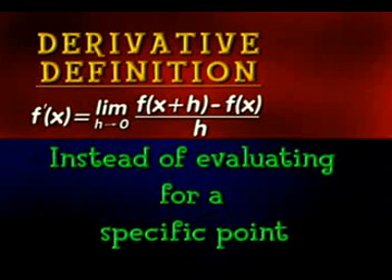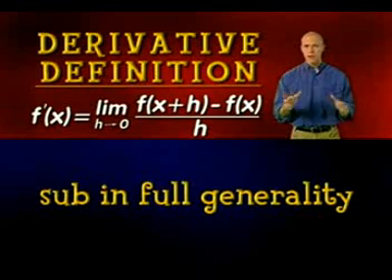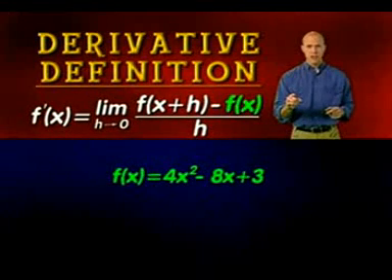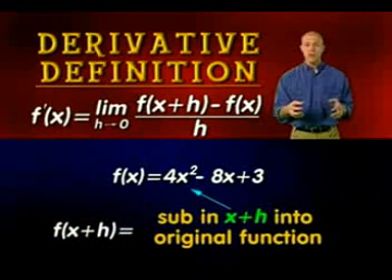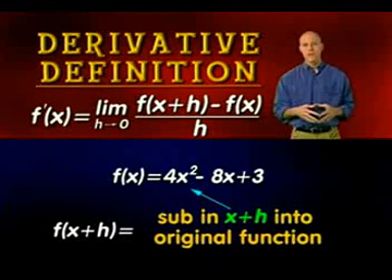Now instead of evaluating for a specific point, we will sub in the full generality. We know what f of x is because we were given it originally, and f of x plus h is just found by substituting the quantity x plus h in for x in the original function.